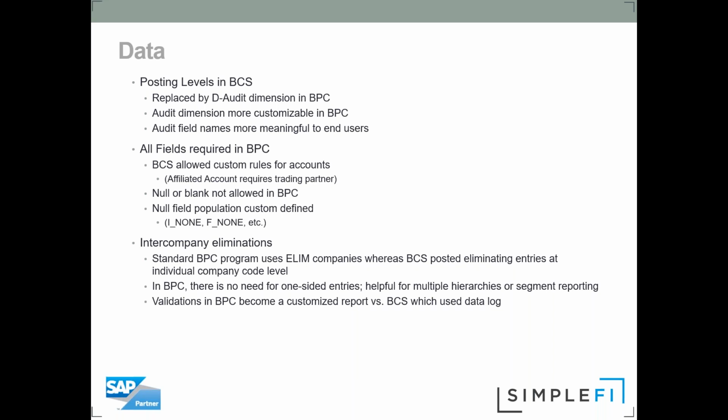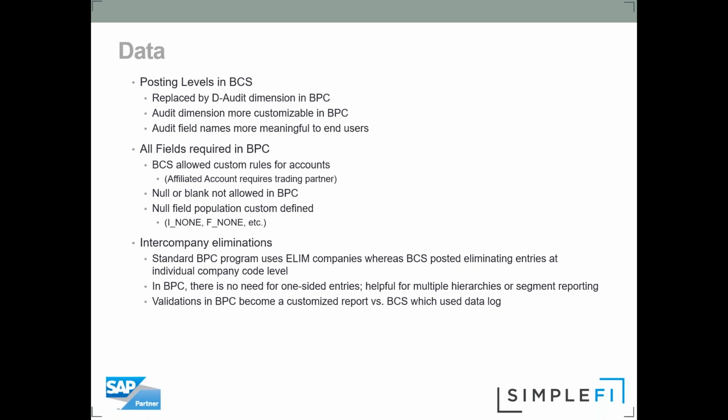In BCS, you could create these custom rules. You could say, okay, these are the affiliated accounts, and they require a trading partner, for example. BPC doesn't necessarily have that. You may have an attribute that you identify as an affiliated account, but there's no rule that says it needs to be populated or not.